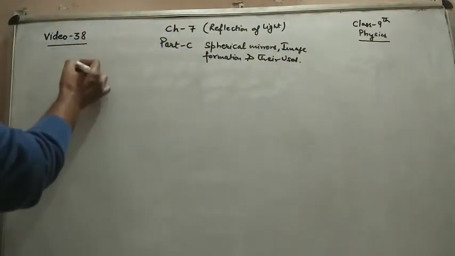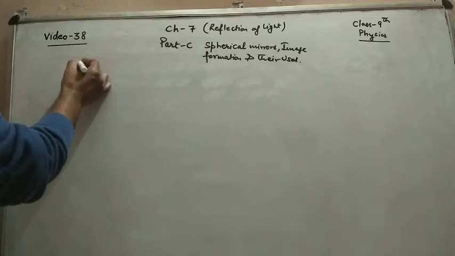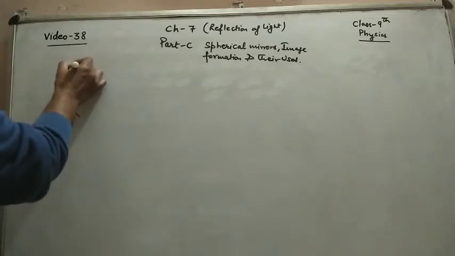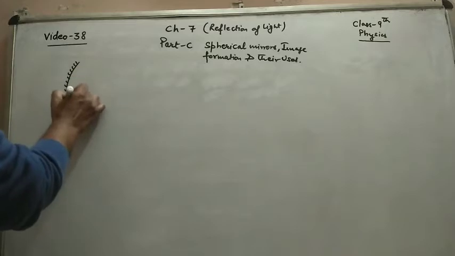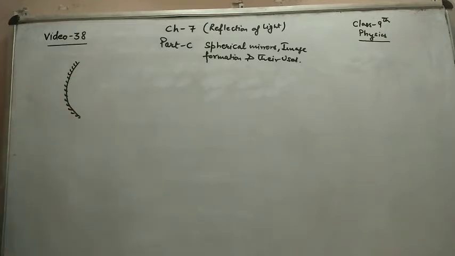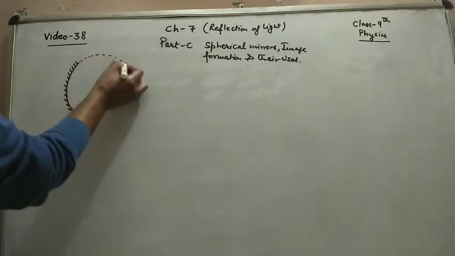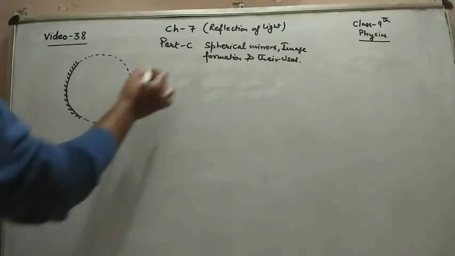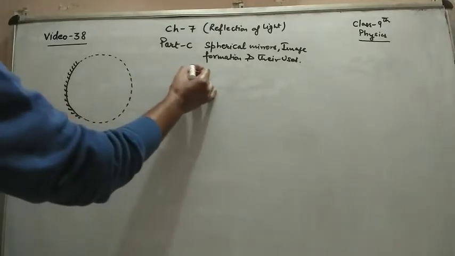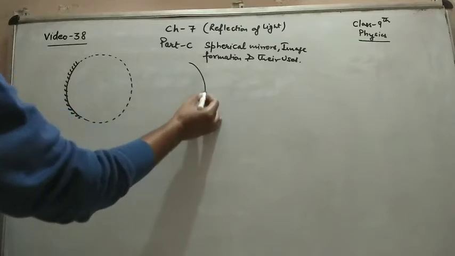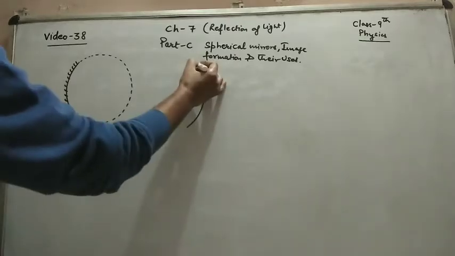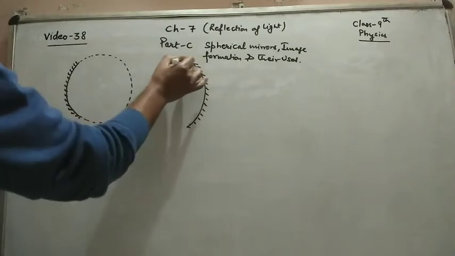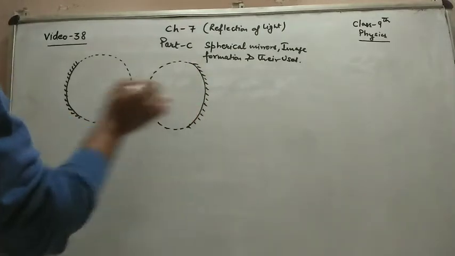Now first of all, there are two kinds of spherical mirrors. One is concave, which is a part of this sphere, and another one is convex, which is the part of this spherical surface.